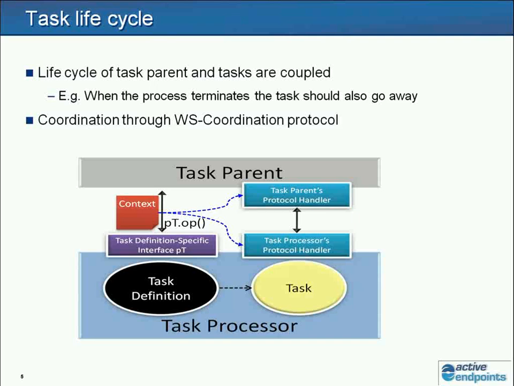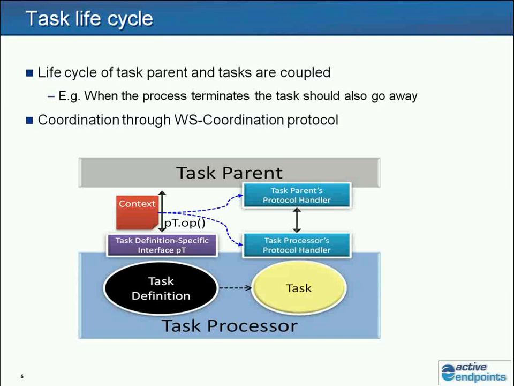The easiest use case to think of is that when a business process or workflow terminates, it stops for some reason, somebody's killed it off, it doesn't make sense for a task that's sitting in somebody's inbox to still be worked on. That'd be wasted work. So you need this way of keeping track between the guy who asked for the task and the task itself if the requester ever goes away.